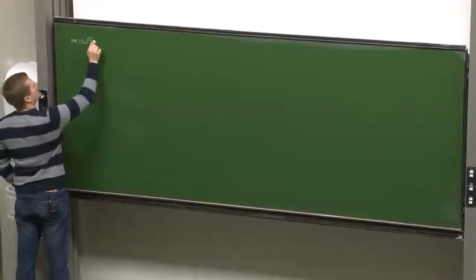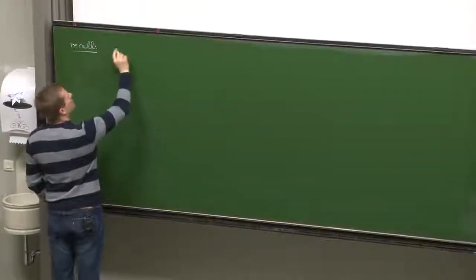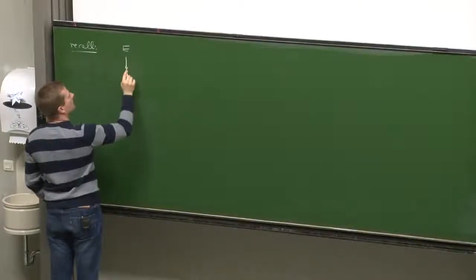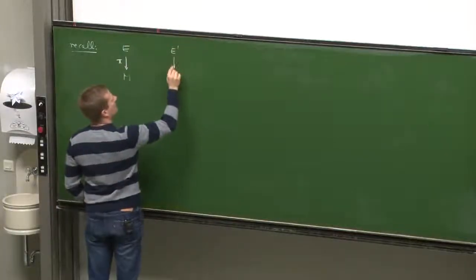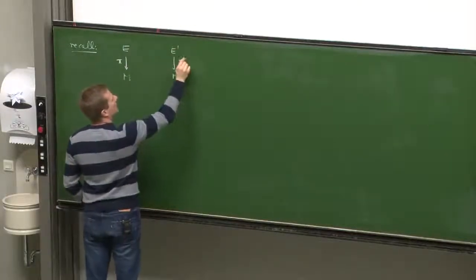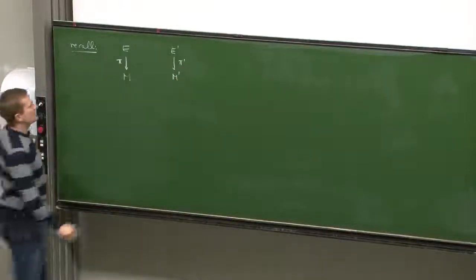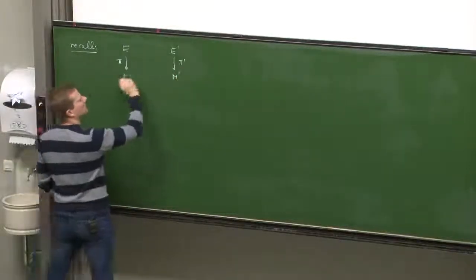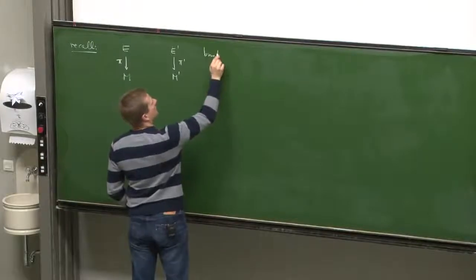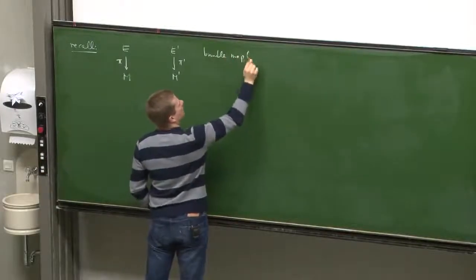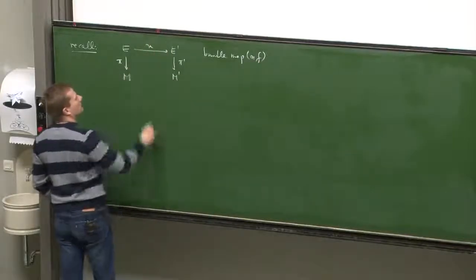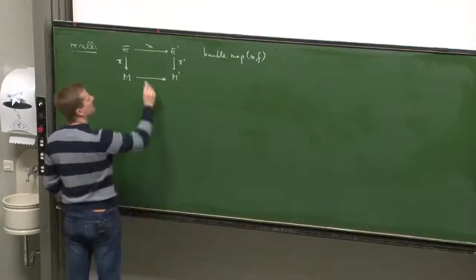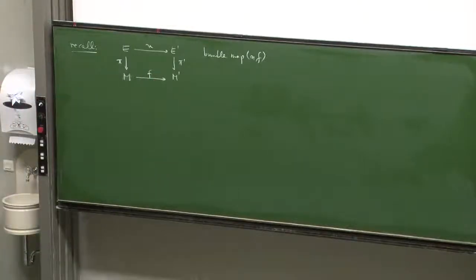If we first recall that if you have two bundles, E down to M, with some projection map pi, and you've got another bundle E prime down to M prime with another pi prime, then we said a bundle map was a pair (u, f), where the u goes from the total space to the other total space, and the f goes from base space to base space.